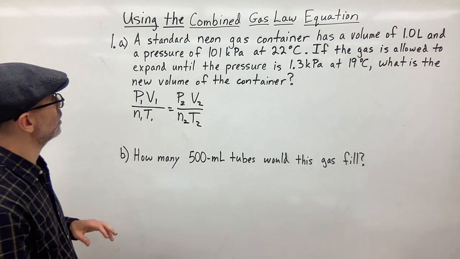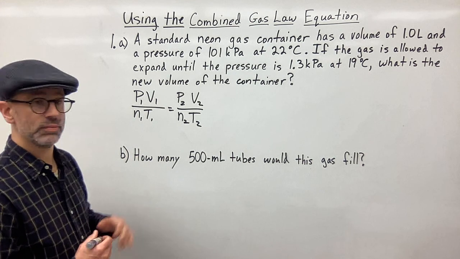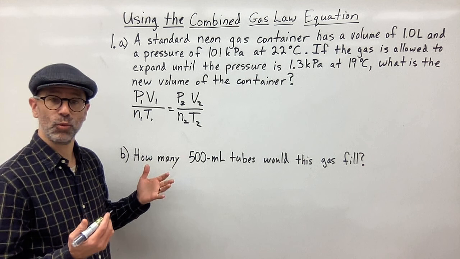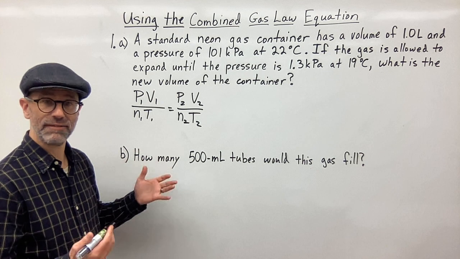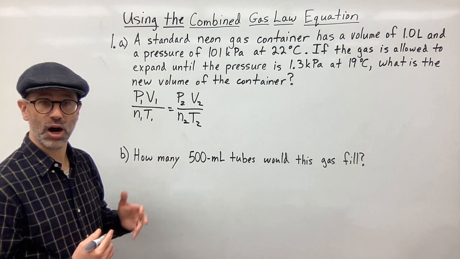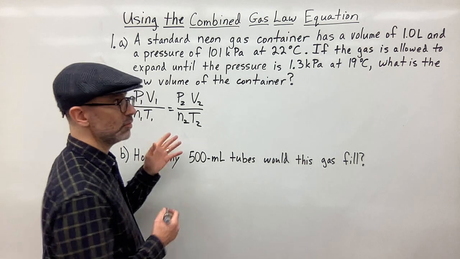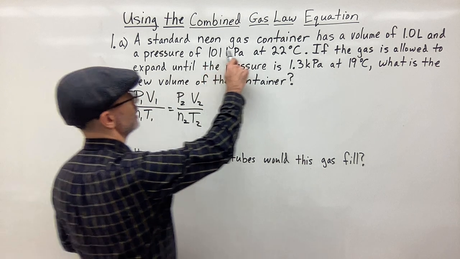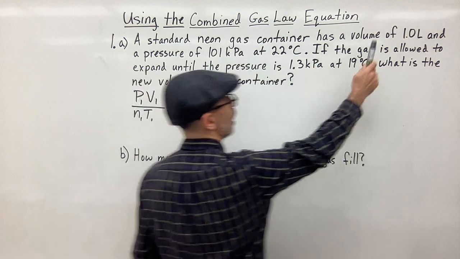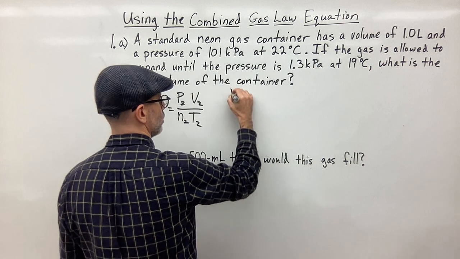So let's look at the problem they're giving us. First thing I want to do is always label what they give you in the problem so you can identify what the initial and final values are of your gas. For example, they say a standard neon gas container has a volume of 1.0 liters. Volume, so that's V1. That's what we're starting with.